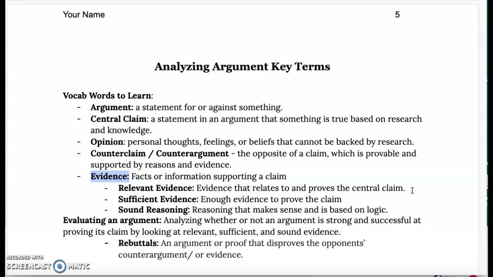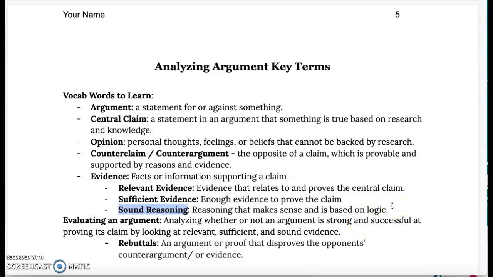Strong evidence from websites, from books that are related to what you're trying to prove to be true. Remember, it always has to relate back to your claim. Sufficient evidence is just that you have enough reasons, enough evidence to prove it.